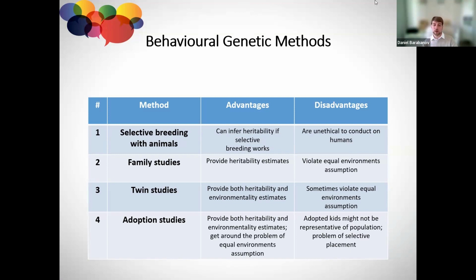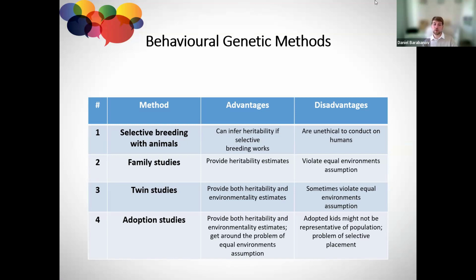So it's very interesting and provides a lot of insight, but of course, it's obvious, but I should say that it's unethical to conduct this on people. We cannot force certain people to reproduce because we're just interested in how their children will look and how they will behave, right? We don't do that.